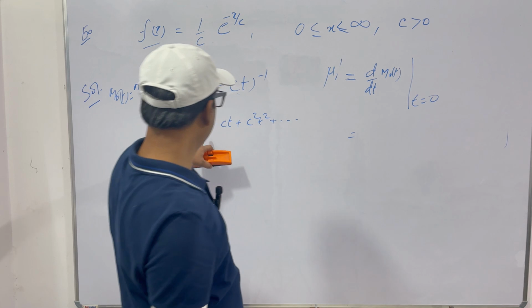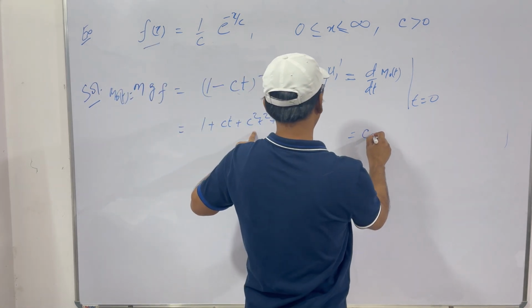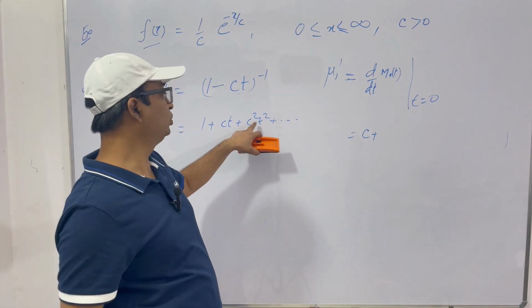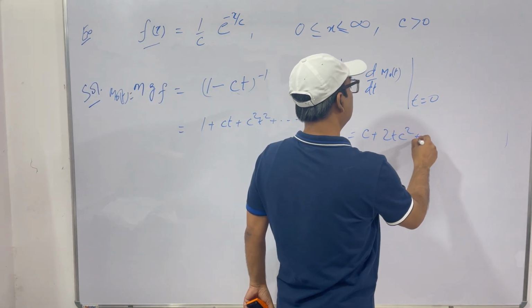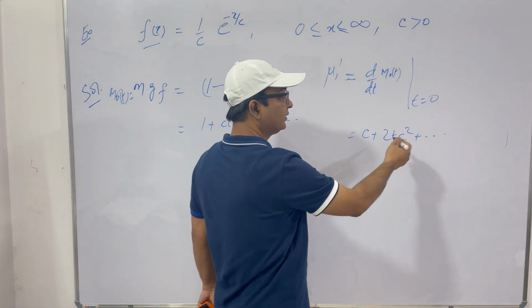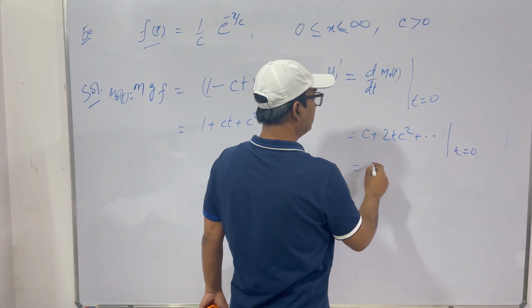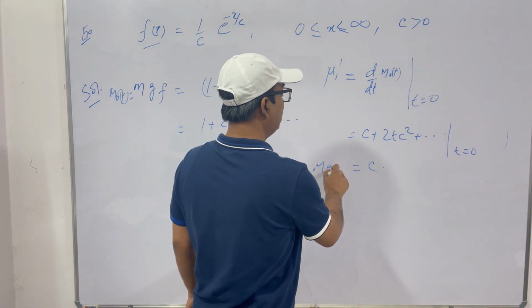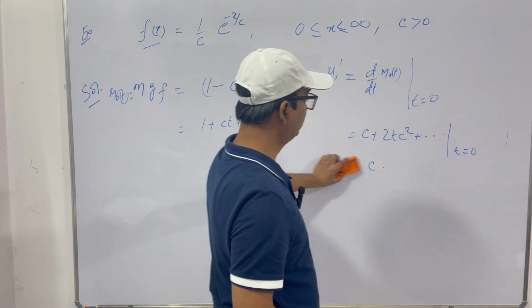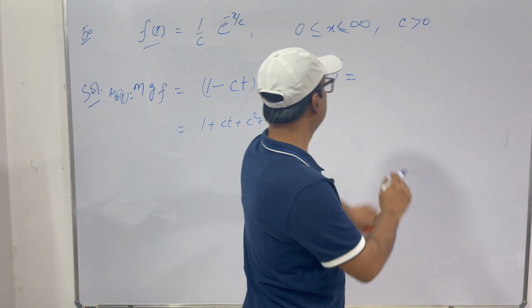So you take the first derivative: this is 0, this is c, plus 2tc square, and so on. Every term after this will have t, and we take t equal to 0. When you put t equal to 0, this is c. So our mu1 dash, that is the mean, is c. Clear? Now I will take the second one. Mu1 dash is c.